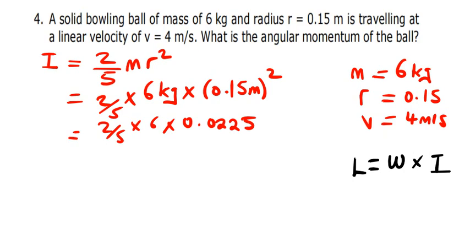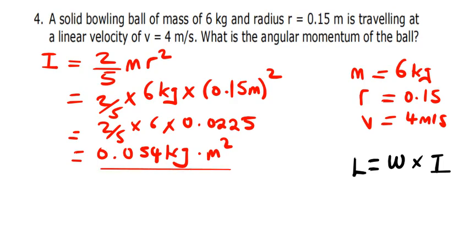I'm getting my moment of inertia as 0.054. We said the 6 is in kg, so I'm going to put kg meter squared. Meters here was squared because there was a square outside. That is our moment of inertia.